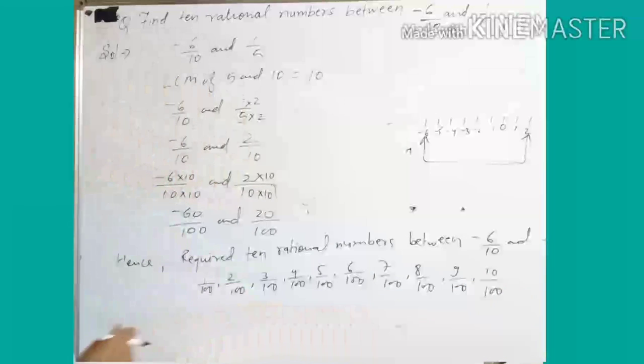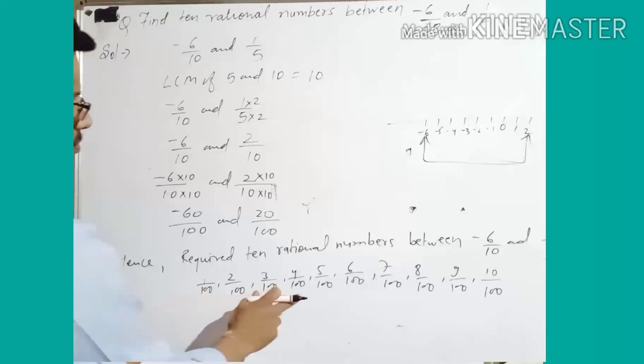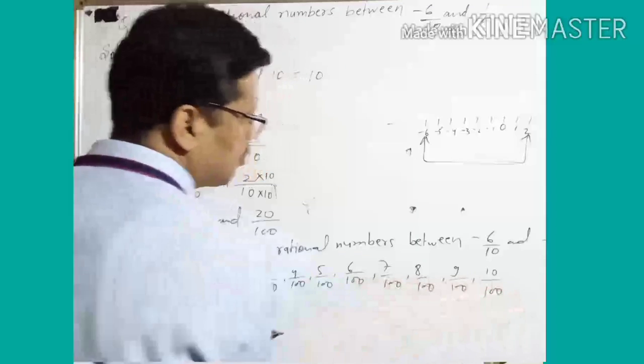These are our required 10 rational numbers. You can count 1, 2, 3, 4, 5, 6, 7, 8, 9, 10. Got it?